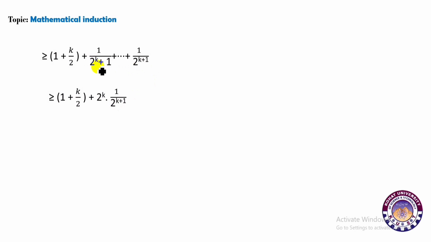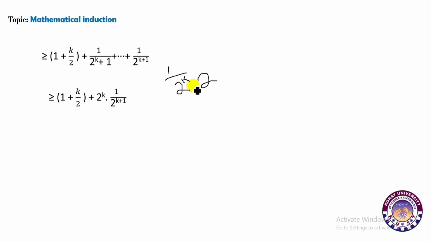These are totally 2 raised to the power k terms. The first term is 1 over 2 raised to the power k plus 1, the second term is 1 over 2 raised to the power k plus 2, the third term is 1 over 2 raised to the power k plus 3. Continuing in this manner, we can write the last term as 1 over 2 raised to the power k times 2.